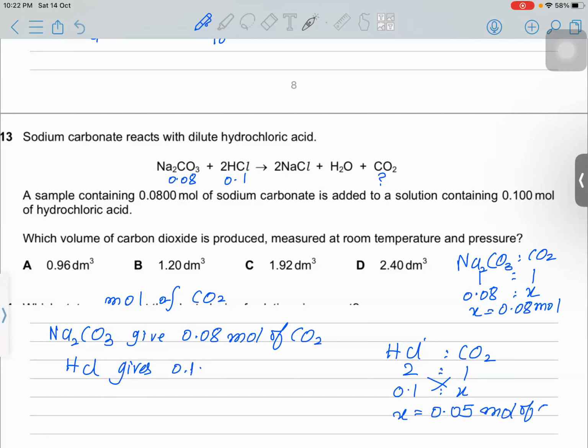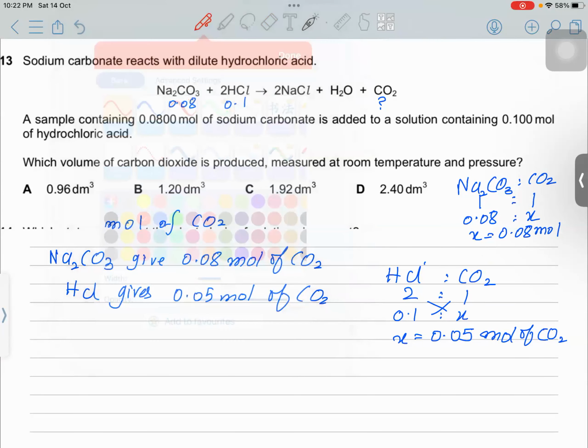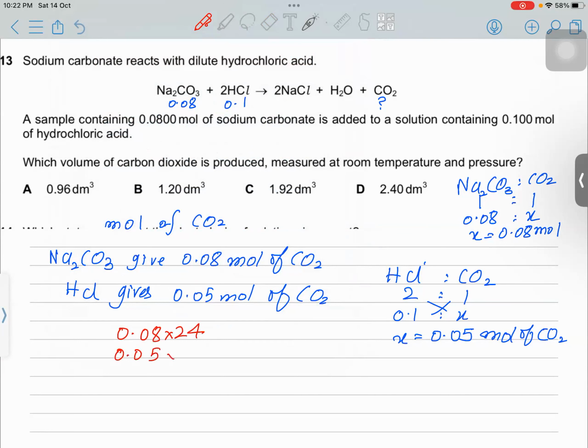Mole of carbon dioxide. So 0.05 mole of CO2. Now for volume, 0.08 multiplied by 24, 0.05 multiplied by 24, because dm cube is required.